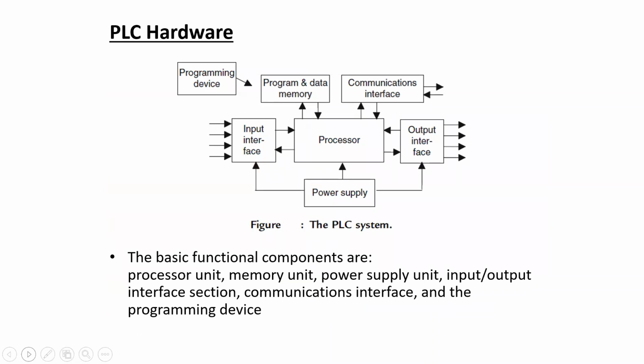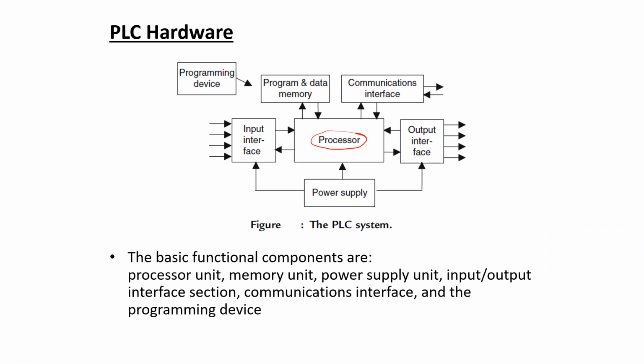Now, discussing a little bit on PLC hardware. What are the fundamental functional components necessary to construct a PLC? First of all, a microprocessor is going to be needed, as discussed already, that is going to carry out all the controlling tasks.